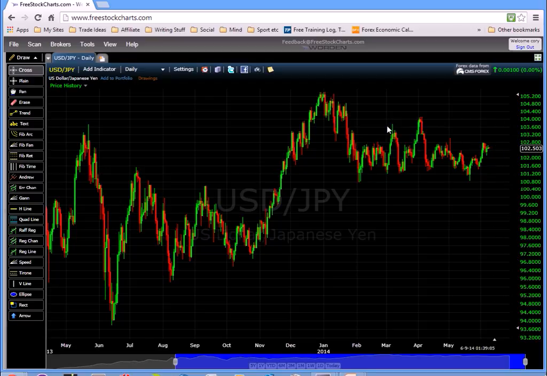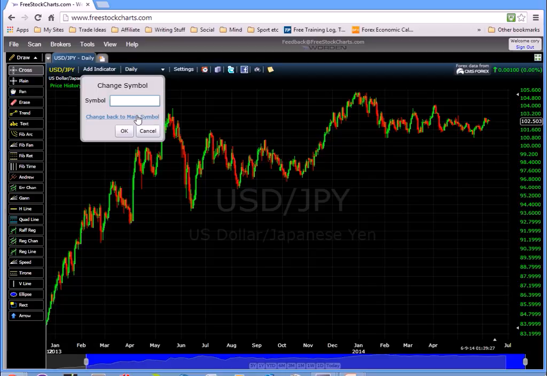So the price is fairly static at the moment, but if it moves up, that means the US dollar will be appreciating against the yen. If it drops, that means the US dollar is losing value, or you can think of it the other way, the Japanese yen is gaining value. So that's how we interpret our Forex charts.